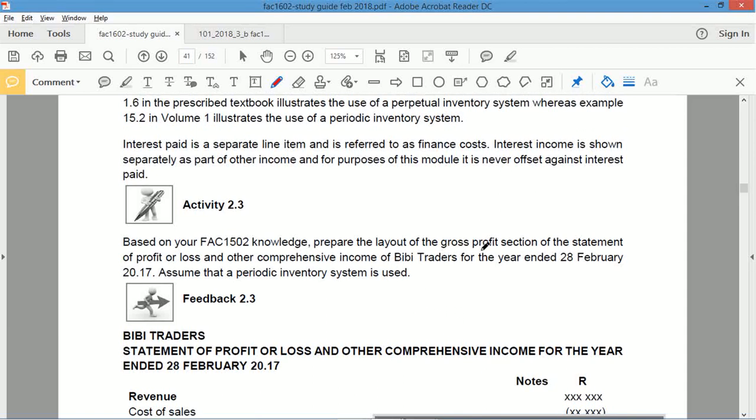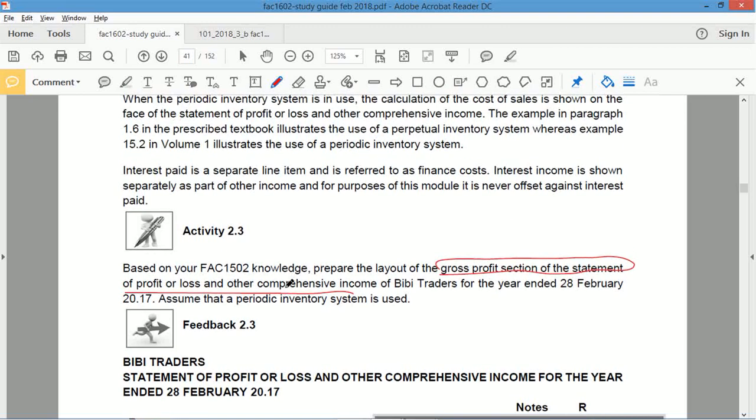Based on this, prepare the layout of the gross profit section. So what does the gross profit section look like in the statement of profit and loss and other comprehensive income? Get a plain sheet of paper, and if this was an exam, I want you to give me a skeleton of the statement.